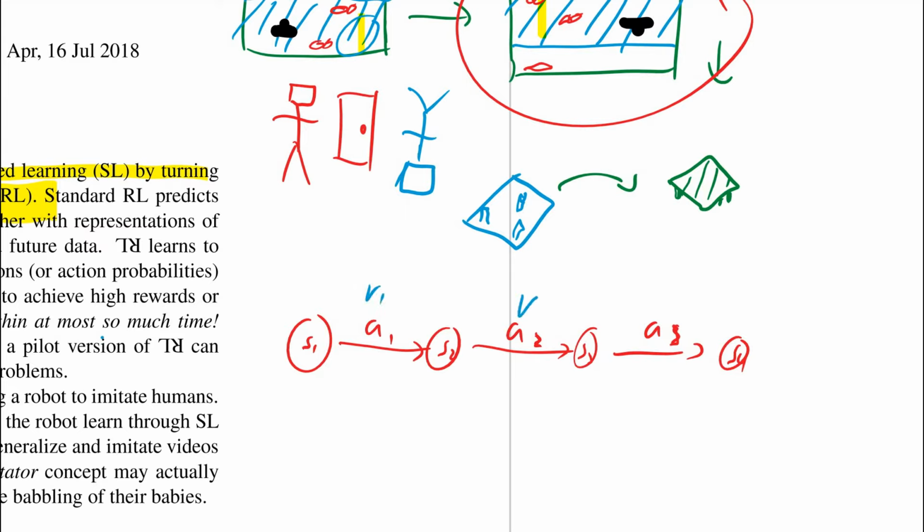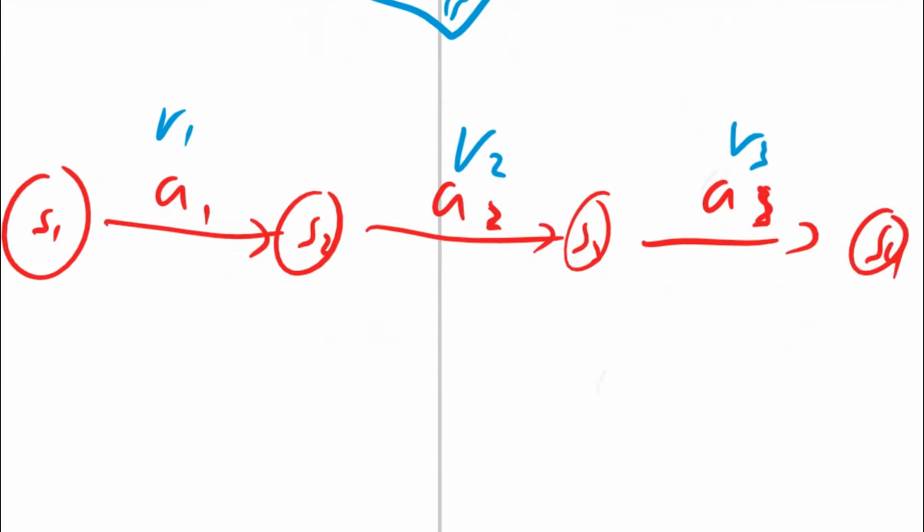Reward 1, reward 2, reward 3. Now in classic RL, if you consider this to be an episode, this will give you one training example to run this sequence of actions. In upside down RL, you can actually consider this as many training examples, and here's what I mean.